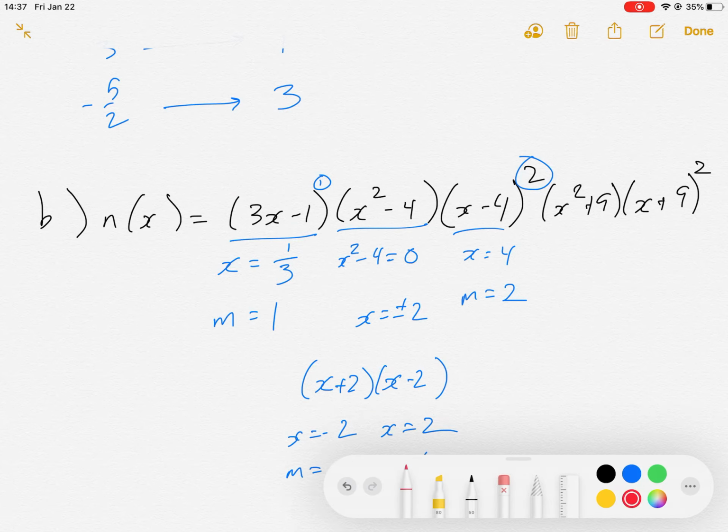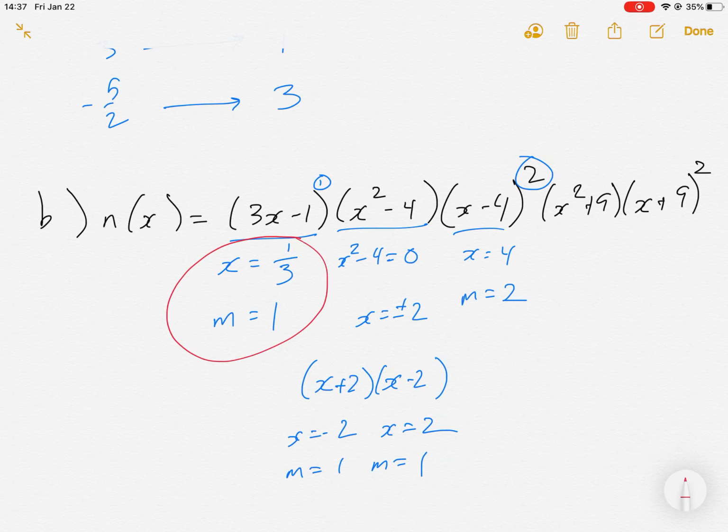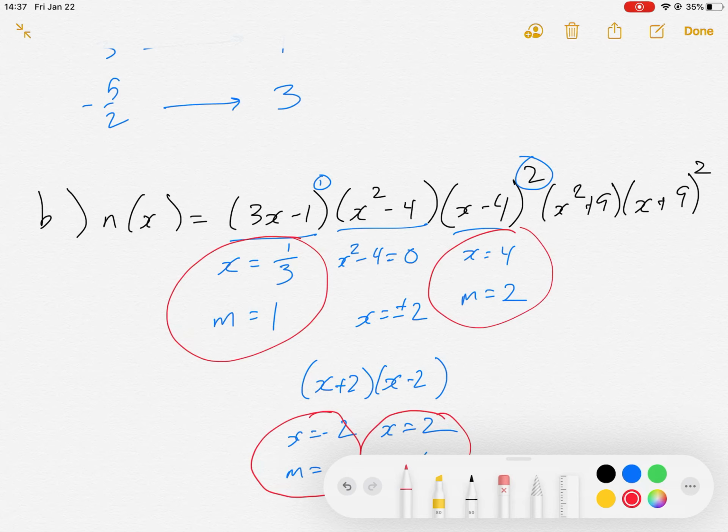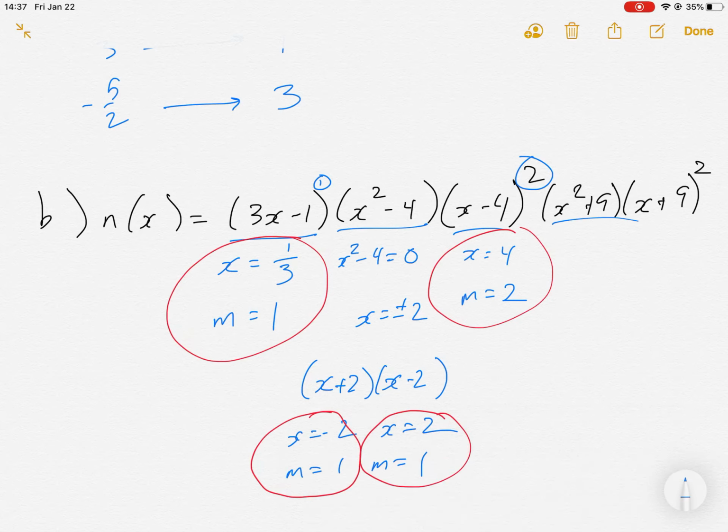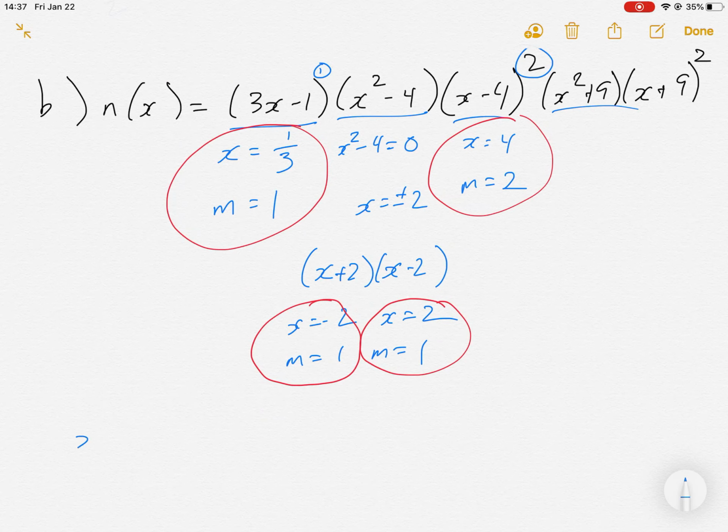Let's start keeping track of some of these. So I have this one, and I have this one, and then I have 2 zeros here. Okay, now this one's just like what we saw before, and I'm going to move down so I have a little bit more room. x² + 9 equals 0.